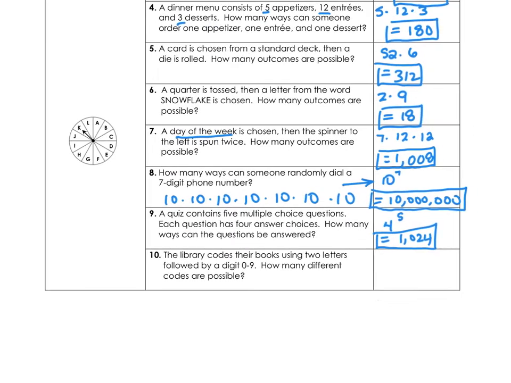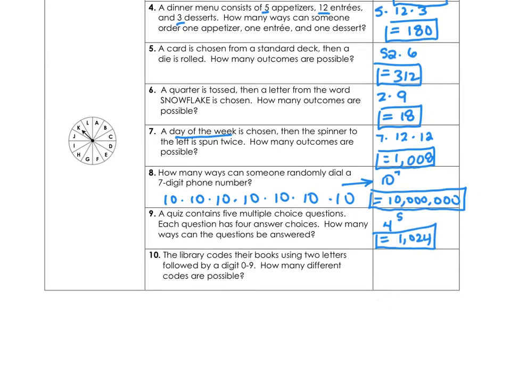All right. The library codes their books using 2 letters followed by digits 0 through 9. How many different codes are possible? Woo! Okay, so how many letters in the alphabet? 26. And then times 26 because it's 2 letters. And then we have followed by a digit 0 through 9, so that's going to be times those 10 digits that are possible.